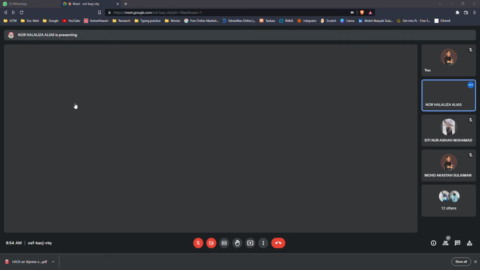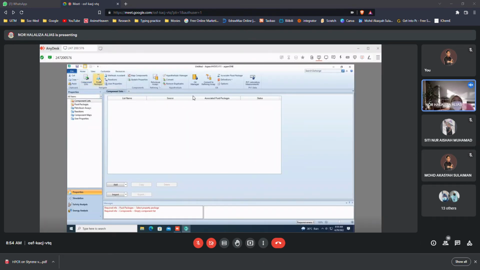The first thing that you should do is to have the component list and also the fluid package. If you notice, apart from the left hand side here, we also have the component list and fluid package as symbols at the top here.